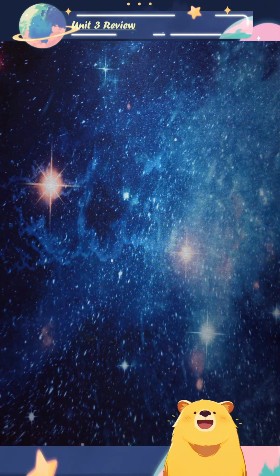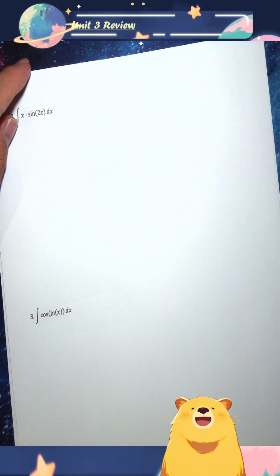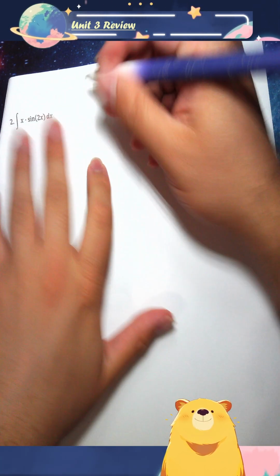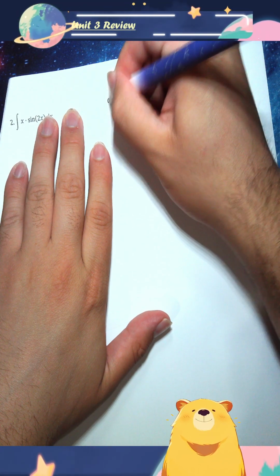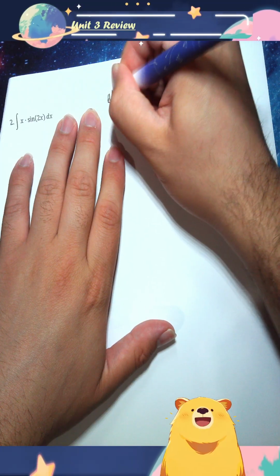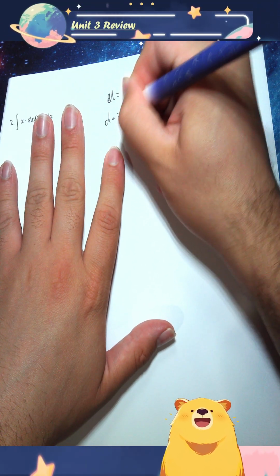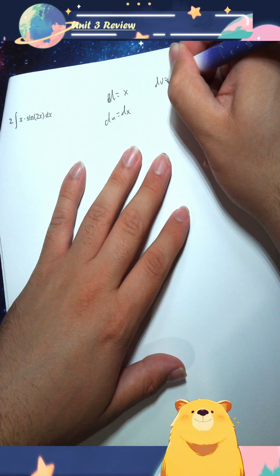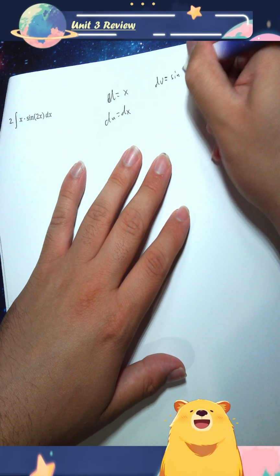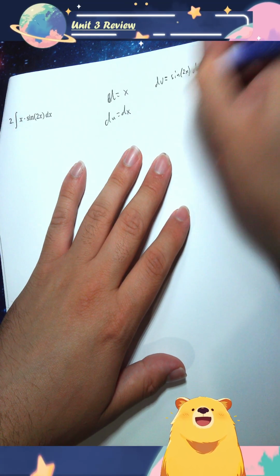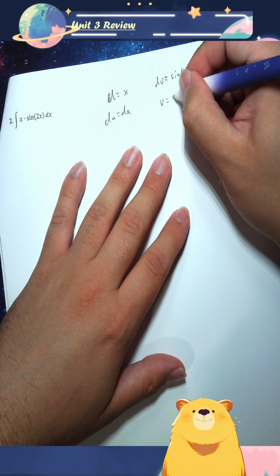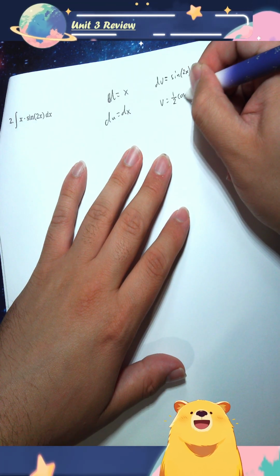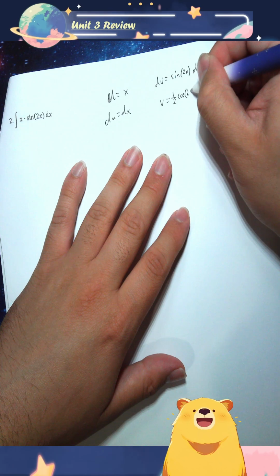Right over here we have integral x times sine of 2x dx. For here, this is also a situation where we're going to go ahead and use x. So I'm sorry, u is equal to x, du is dx, and then we have dv is sine of 2x dx. So v must be negative 1 over 2 cosine of 2x.